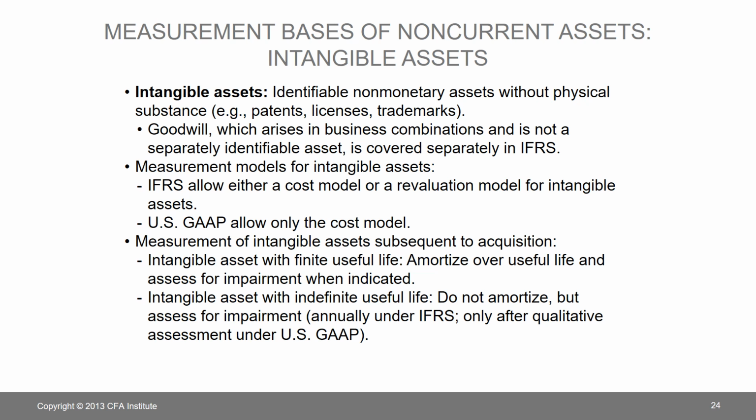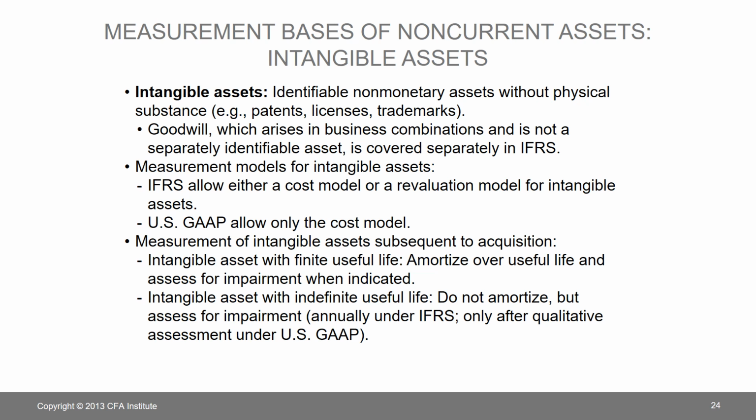It also includes goodwill, which is not a separately identifiable asset. It arises when a company acquires another company for a price in excess of the fair market value of net identifiable assets acquired. So these are a bunch of examples for intangible assets.